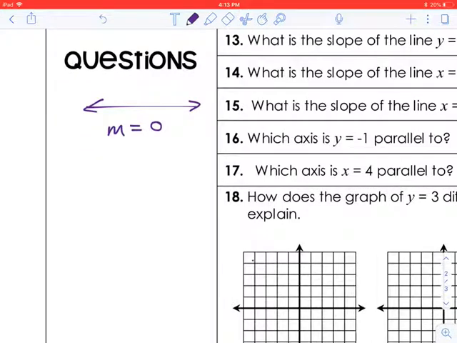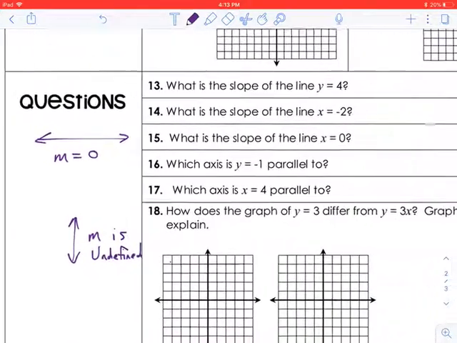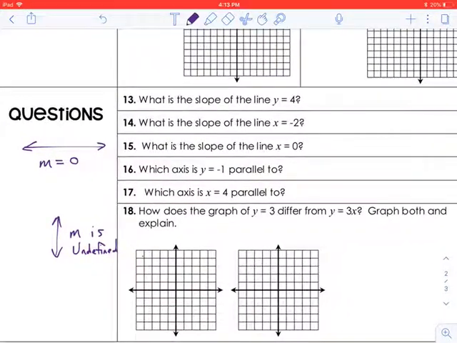And then anytime we have a vertical line, m is undefined. Okay? So, look at number 13. Y equals 4. So that would be a horizontal line. M equals 0.